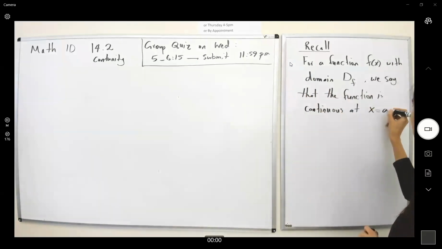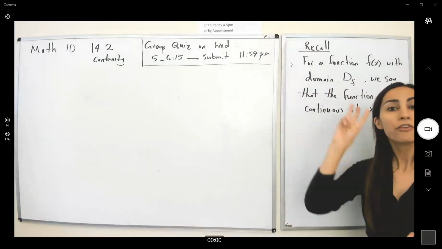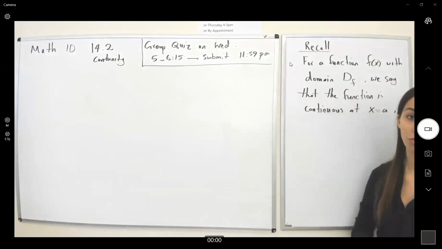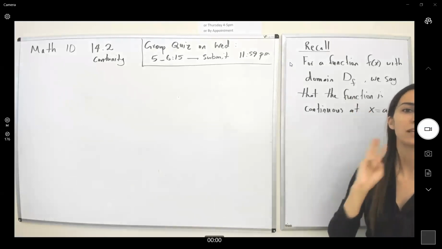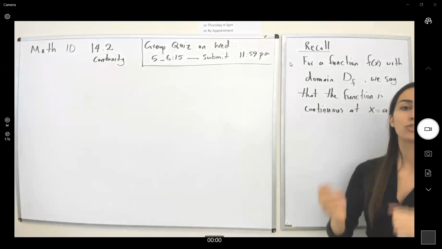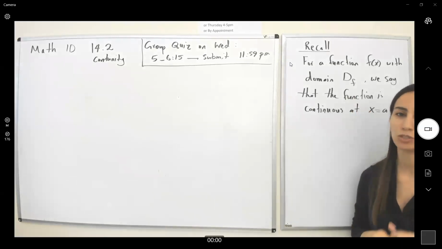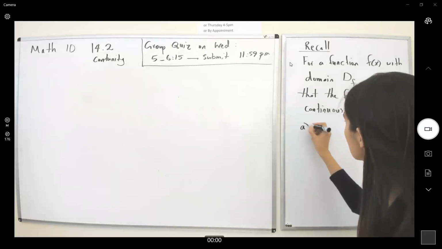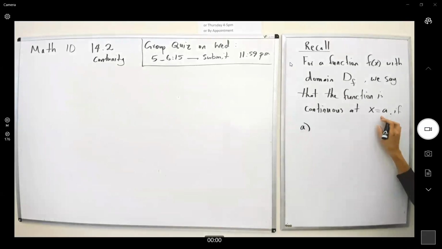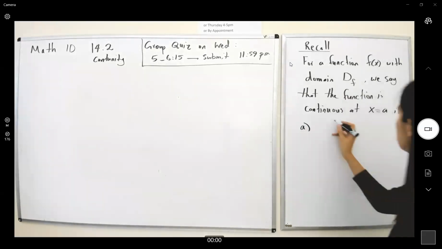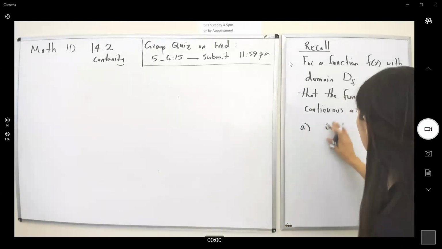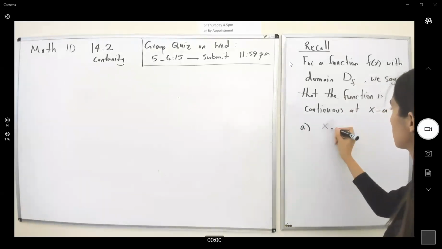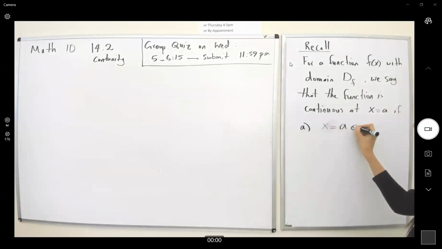X equals a, if three conditions are met. So we have to check three different conditions to say that, hey, we have a continuous function. The first one is, first of all, this number is a member of the domain of the function. So a, x equals a, belongs to the domain of f.